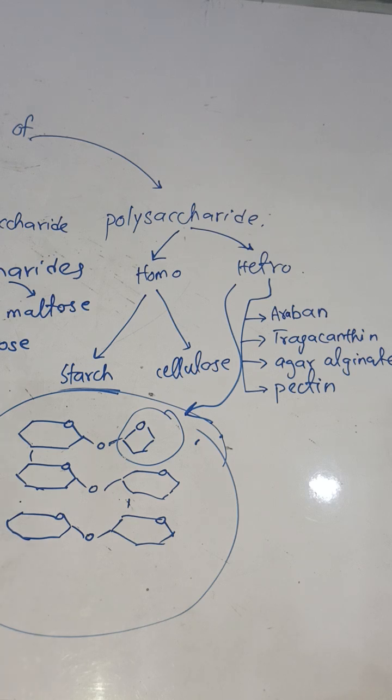If you have some confusions, you can ask me in the comment box and I will answer you. In the next lecture, we will start the whole detail of monosaccharides, because it's very lengthy.